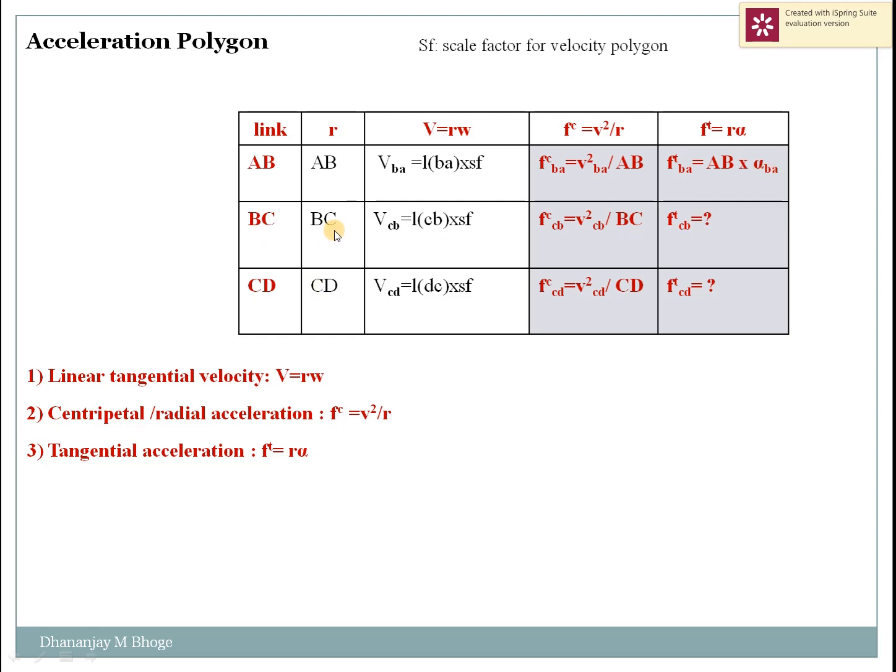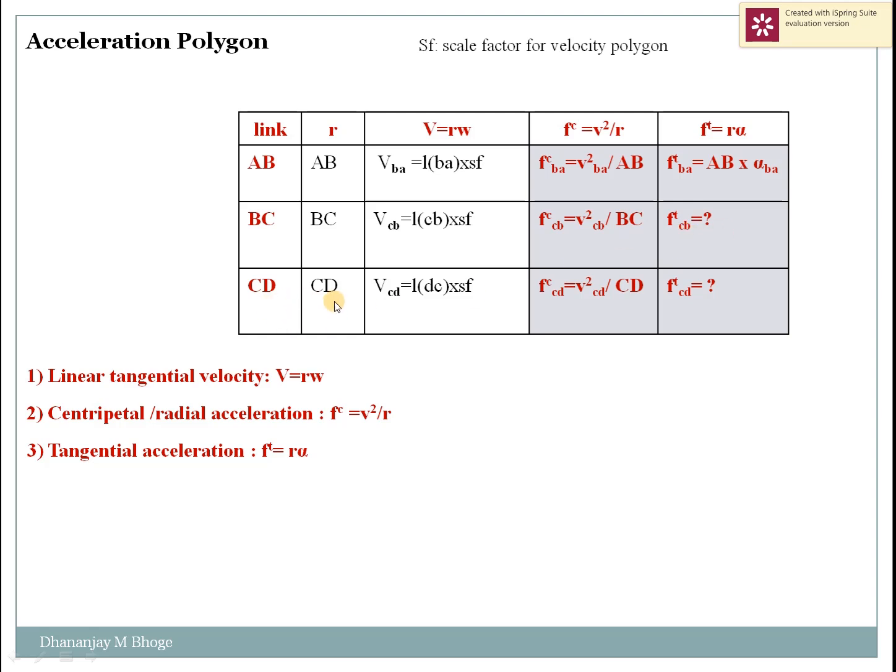Now for link BC, its radius of rotation is the length of link BC. For link BC, we have plotted VCB, which is equal to the length of vector CB into scale factor. Now the centripetal component of C relative to B is equal to V square CB divided by the length of link BC. We cannot determine the magnitude of tangential acceleration of C relative to B because the angular acceleration of link CB is not known.